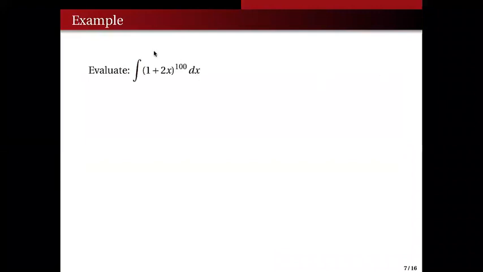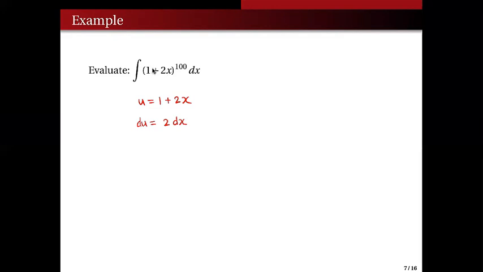Evaluate this integral of 1 plus 2x raised to 100 dx. So we can just let u be equal to 1 plus 2x. And then du, the derivative of 1 plus 2x, that's just 2 dx. We don't have a 2 in here.